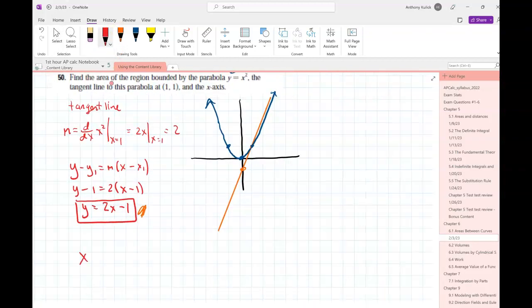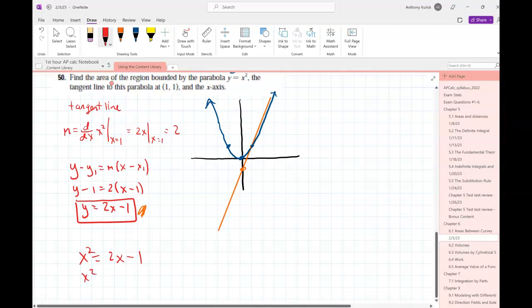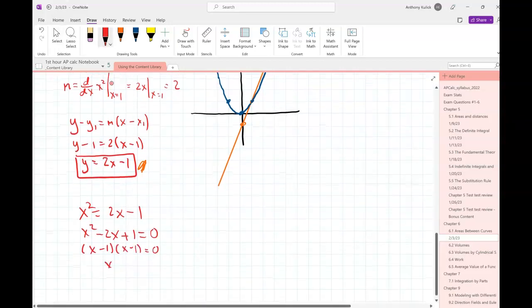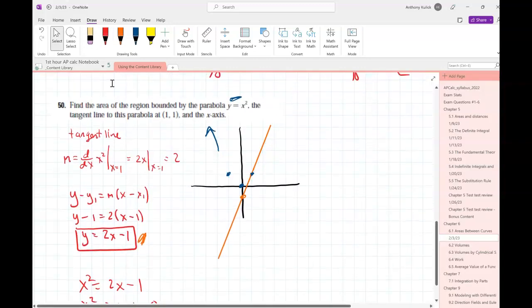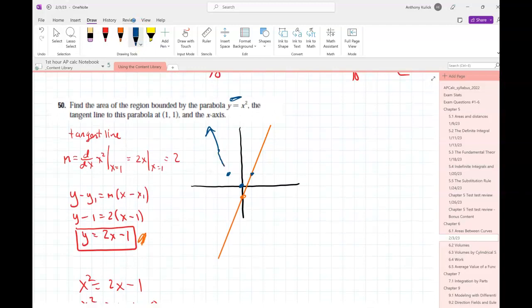So let's do this. I'm just going to set those things equal to each other. Oh, never mind. I'm dumb. It's a tangent line. It's only going to intersect one place, right? So that is how my graph should look.